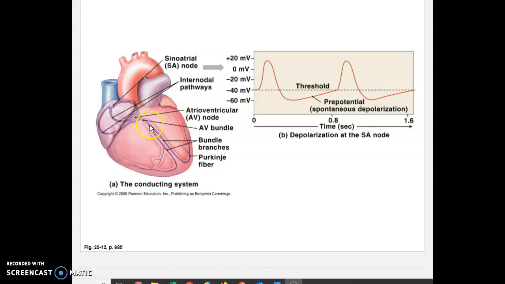So embedded in the septum is the AV bundle running into and branching into the bundle branches, which have offshoots that actually go to the papillary muscles here to cause them to tighten. Now, the bundle branches branch into the Purkinje fibers, which then run up the walls of the floors of the ventricles and then send the signal across, of course, to cause the contraction of the muscles.